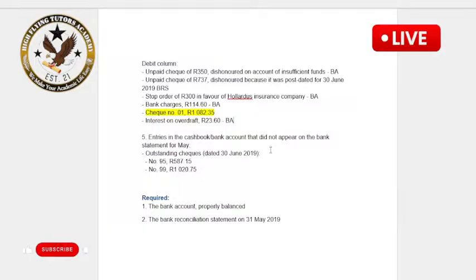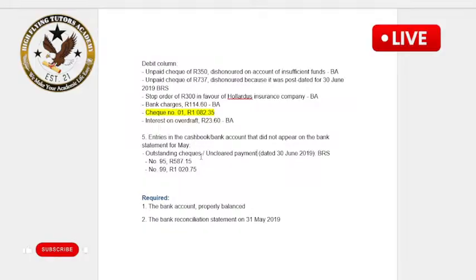So these accounts are all BRS because they are uncleared payments. Remember, I said to you, outstanding checks are also known as uncleared payments.